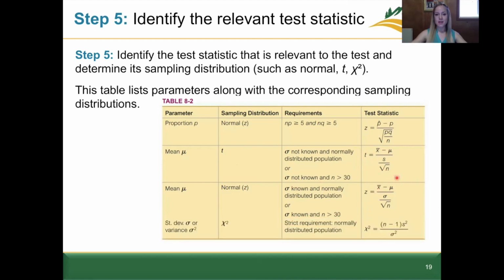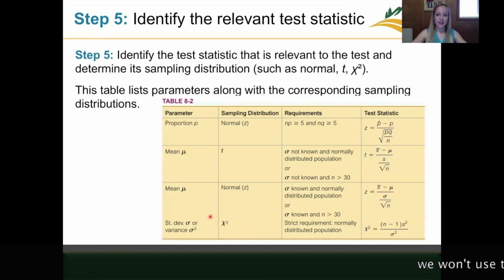The next possibility is that we're interested in a standard deviation sigma or population standard deviation. So either standard deviation or variance, where variance is just sigma squared, so the standard deviation squared. This is the kind of distribution I was mentioning we haven't talked about yet, a chi-squared distribution.